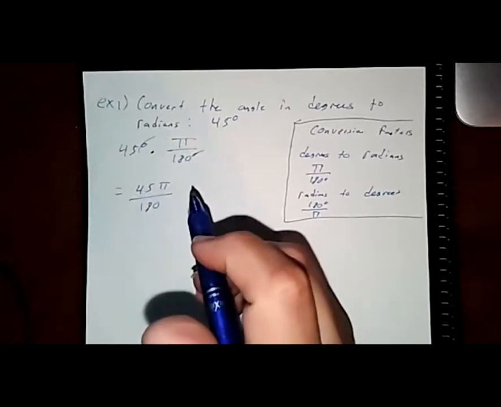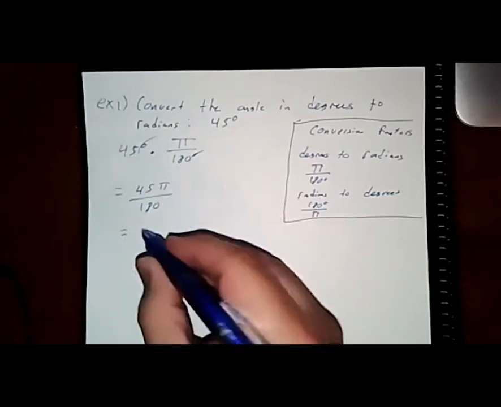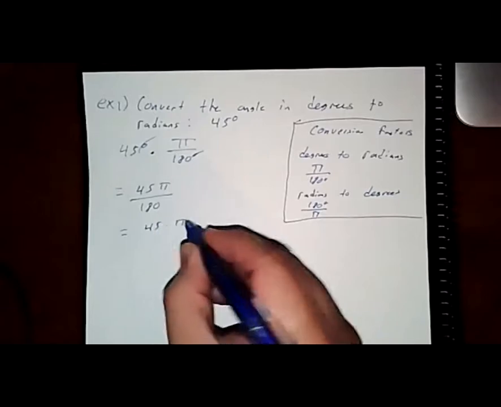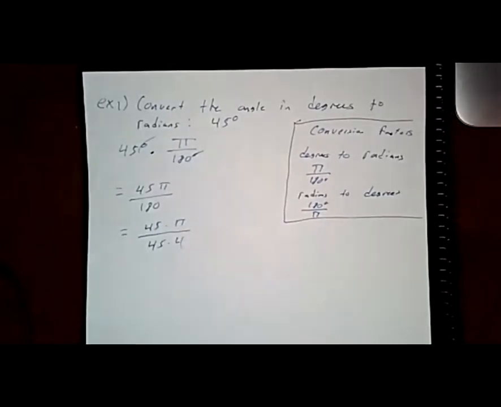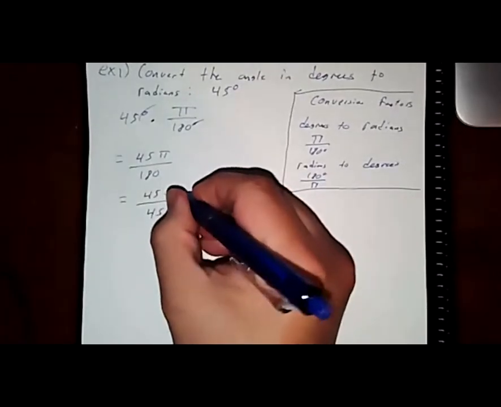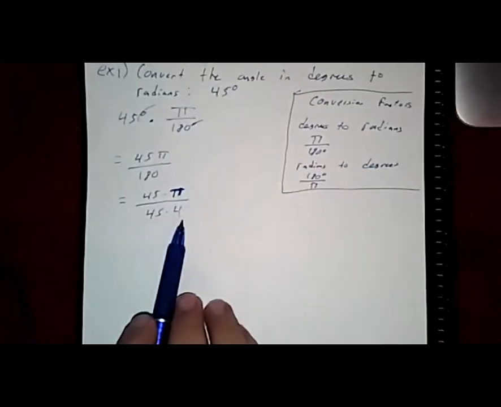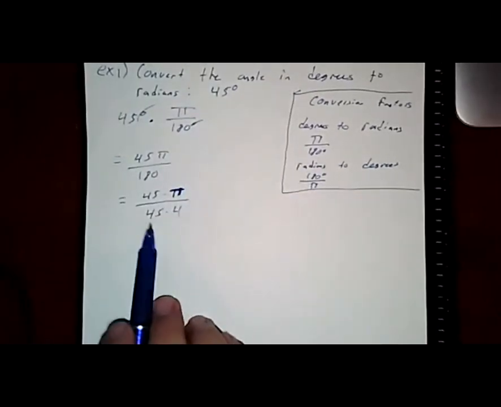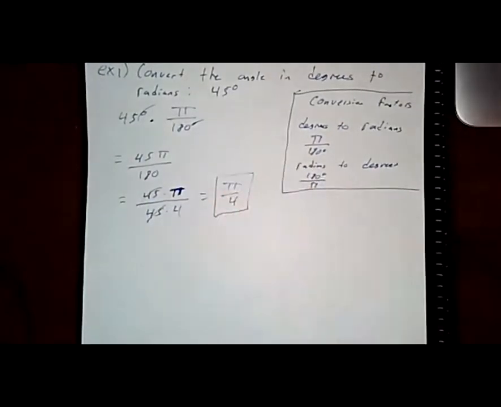Actually, 45 would work. Technically, the way we used to reduce fractions is to factor it. That way we know it's good. Some of you might not do that. You just try to figure out the biggest number to divide by. But if we do it this way, we know for sure that I'm done. So 45 times 4 is 180, right? So the 45s will cancel, leaving me with the answer that we already knew. Correct?